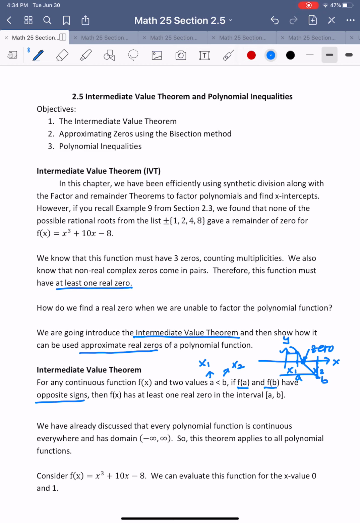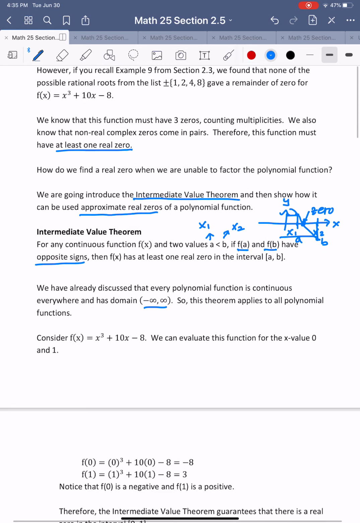We have already discussed that every polynomial function is continuous everywhere, with a domain of negative infinity to infinity, so this theorem applies to all polynomial functions. Consider f of x equals x cubed plus 10x minus 8. We can evaluate this function for x equal to 0 and 1.